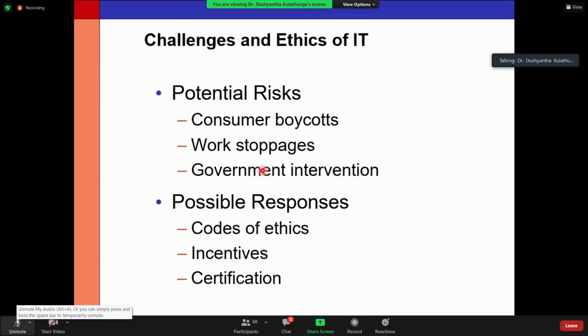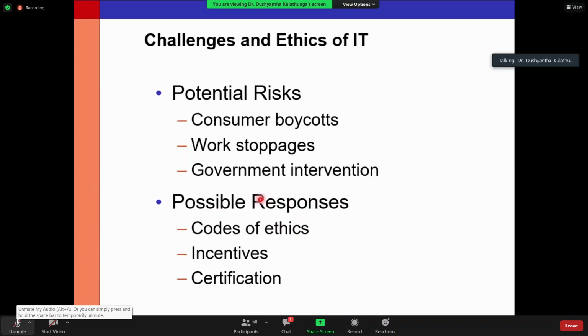Because the government may have identified that the companies misuse the personal information of customers very frequently, and customer privacy is violated thereby. So the government may introduce some privacy related laws. Then the organization will be compelled to follow the particular laws introduced by the government.